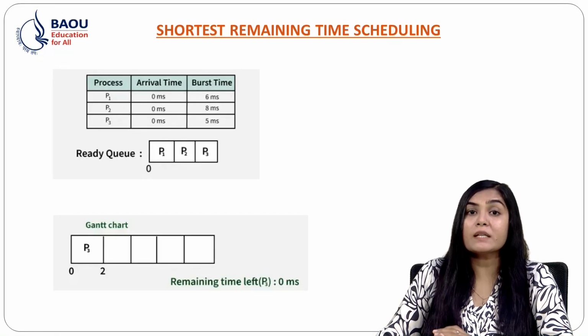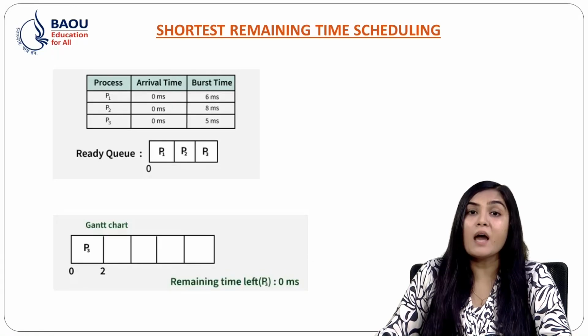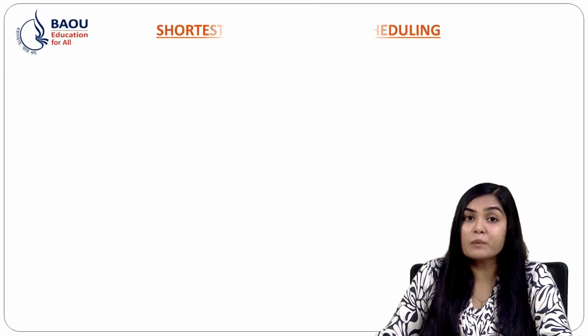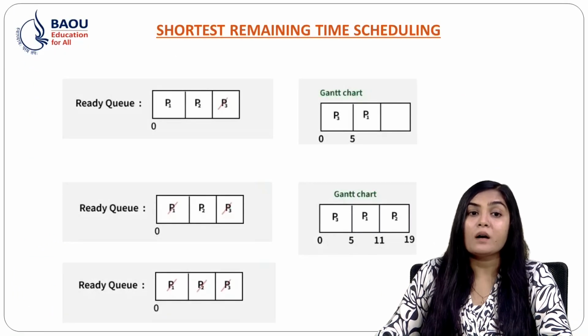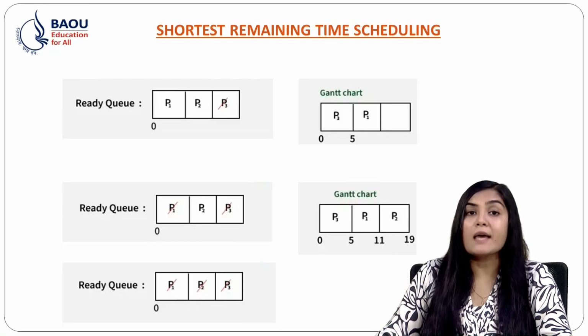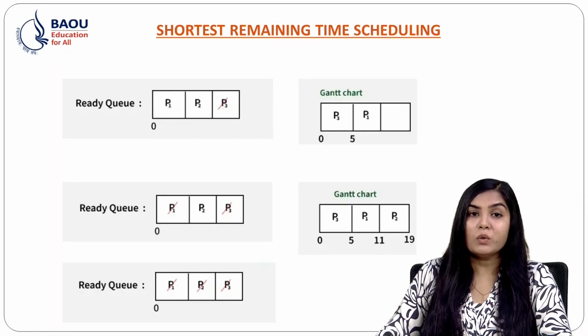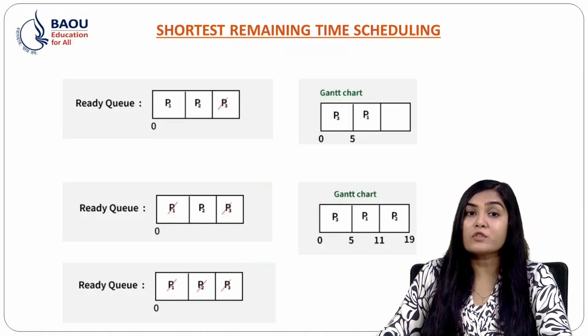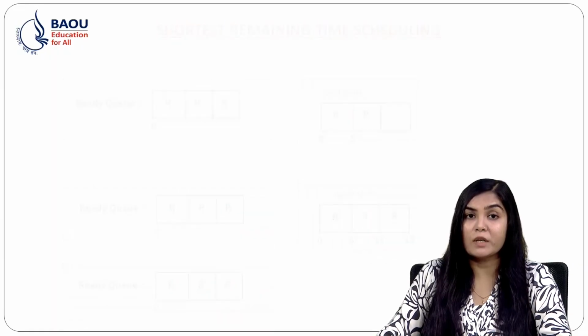P1 runs for 6 milliseconds, and the total time left is 0 milliseconds. In the next time, 11 to 19 will be allocated to the P2 process. P2 runs for 8 milliseconds and total time left is 0 milliseconds. So this is the explanation of the shortest remaining time scheduling algorithm.